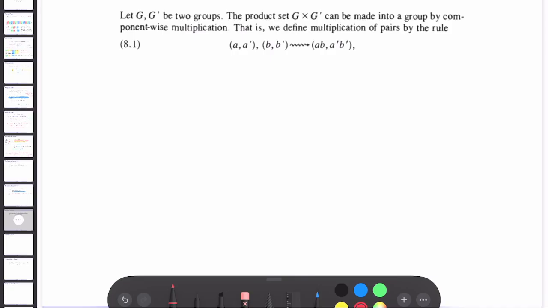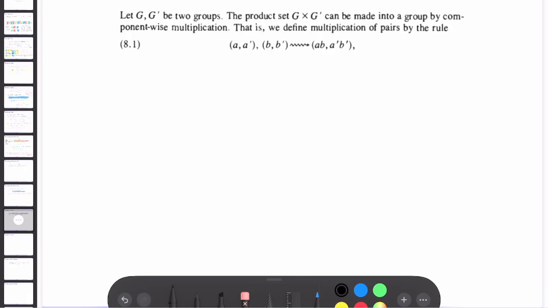So there's this whole program in group theory to take smaller groups and turn them into larger groups. And as Benedict Gross says in the lectures, you have to be careful about what that means. Just because you know the two factors doesn't mean you know the thing that they produce together. You need a lot more information than that.